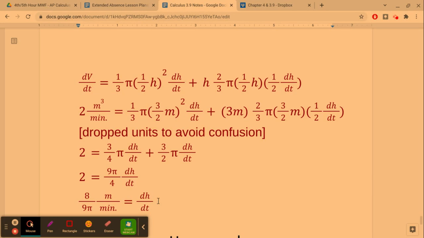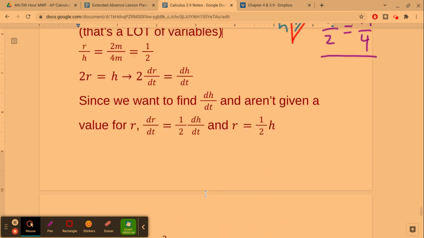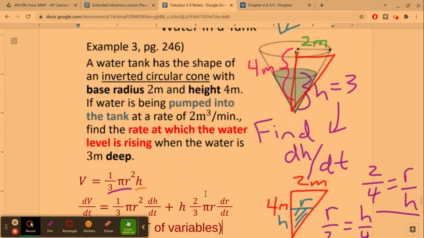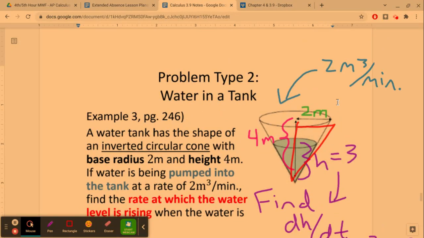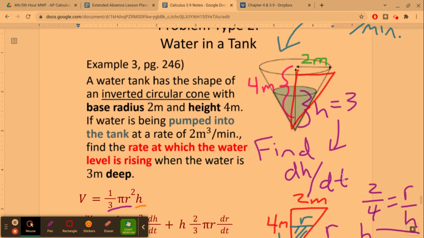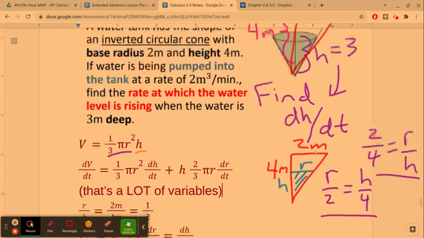Right? Hope that floats your boat on that problem. Again, feel free to pause if you need some time to digest or to ask each other some questions about what's going on. Hopefully this all made sense. The big point here is that with a related rates problem, if you can draw a good picture and label some stuff, you'll notice that sometimes with these geometry problems, if there's too many variables, then if you need to find a certain dimension, take a derivative, and for what you can't find, use some similarity, some little is to big as little is to big, to help you out.